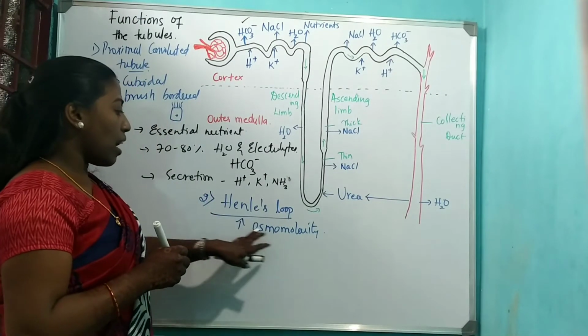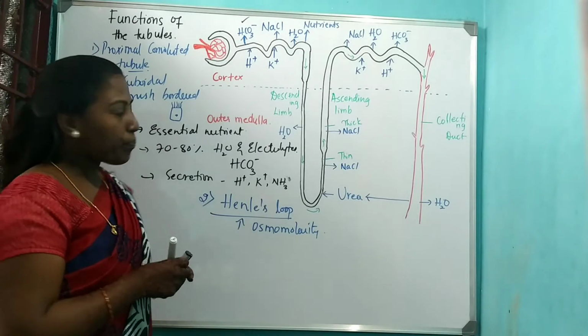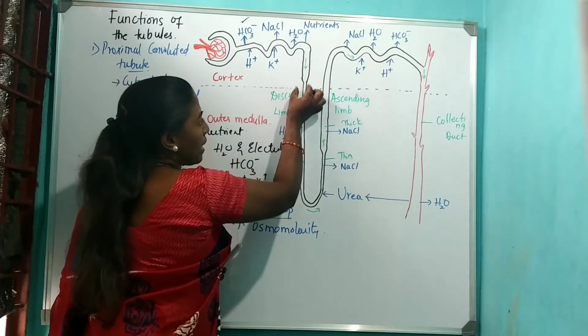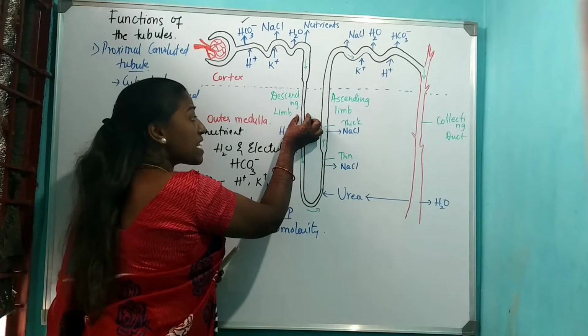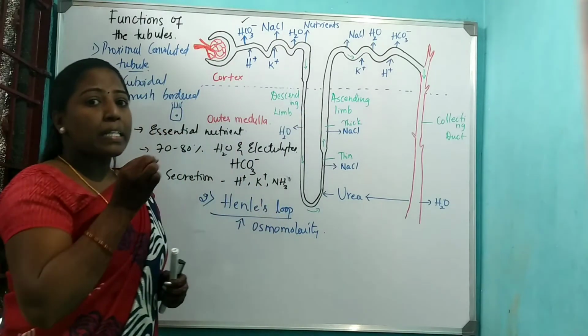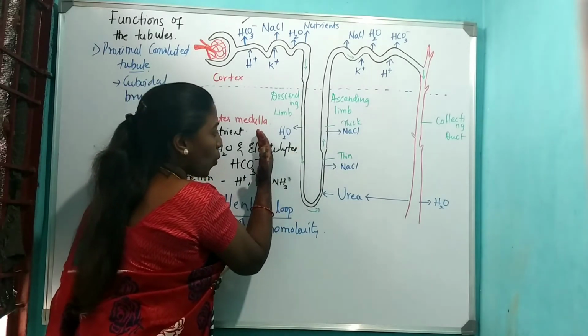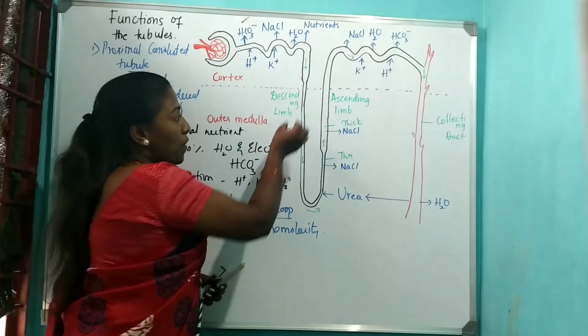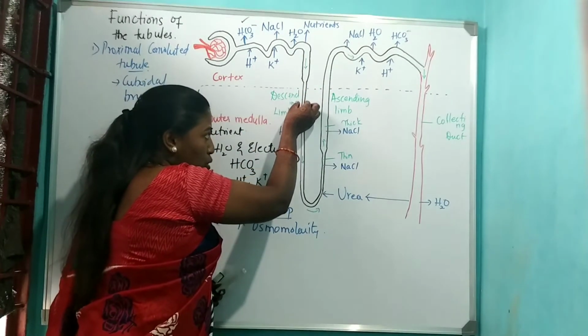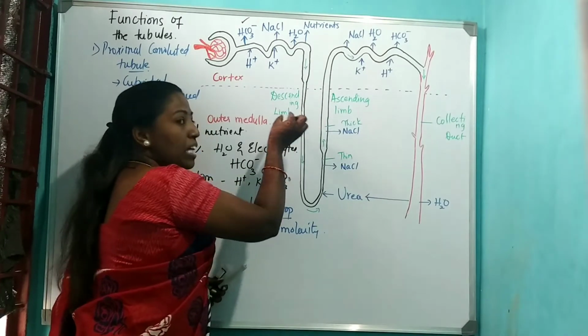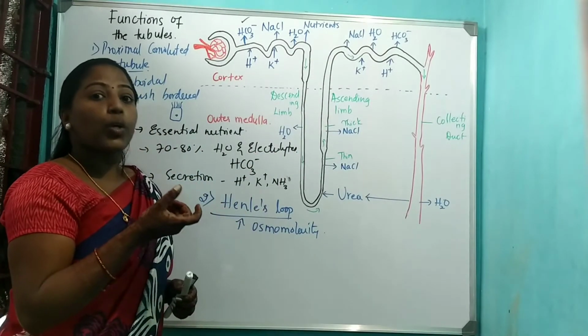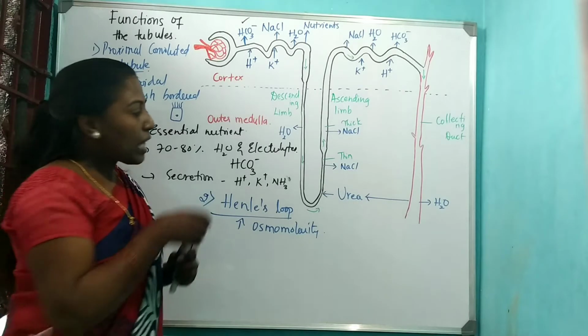How is high osmolarity maintained? When the filtrate enters the descending limb, which is permeable to water, the filtrate becomes highly concentrated.